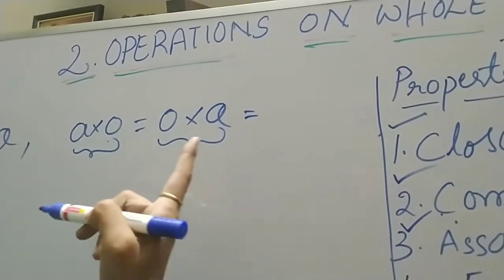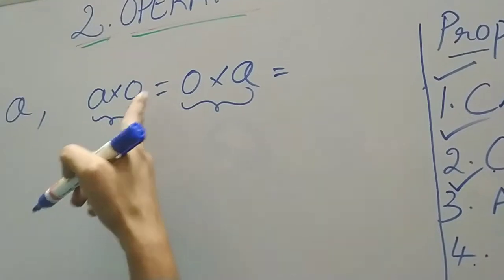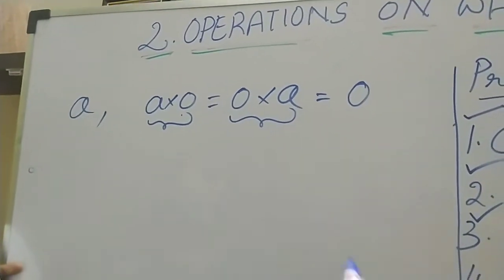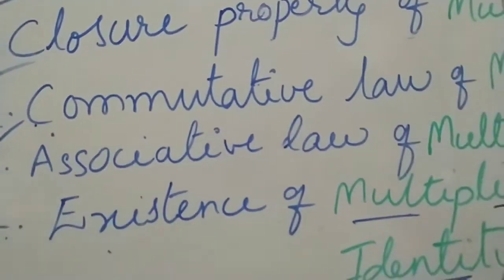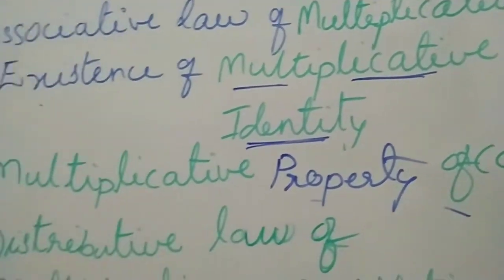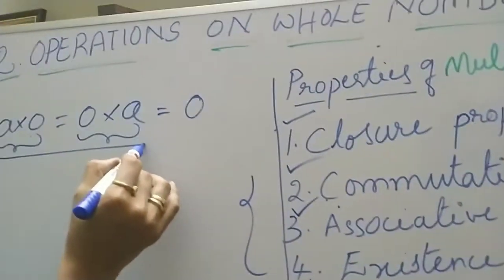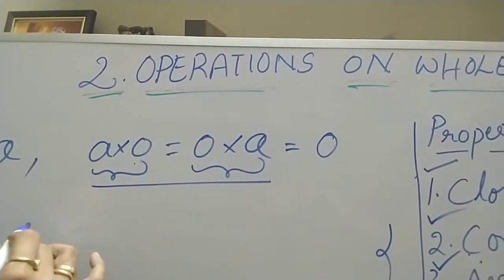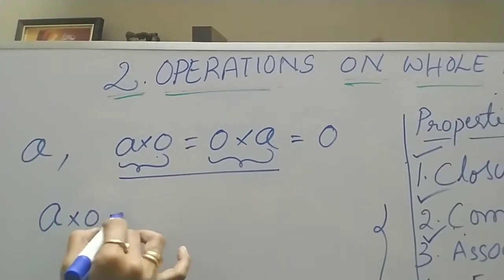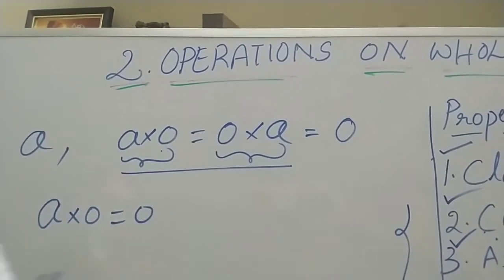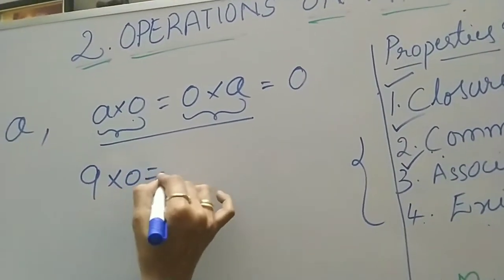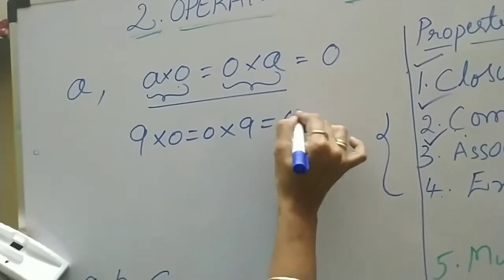In the same way, applying that here, a into 0 and 0 into a, you will get 0 only. So in addition to these four, you will get another property here, the multiplicative property of 0. That means if you take any whole number and multiply with 0, you will get 0 only. See, I am taking 9, 9 into 0, 0 into 9, you will get 0 only.